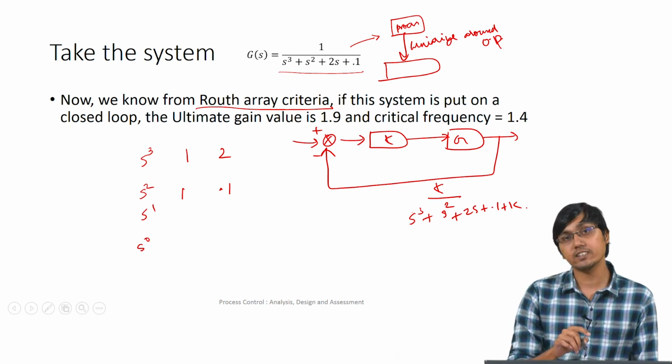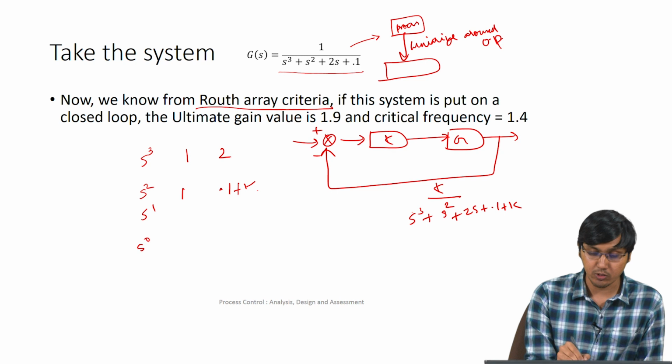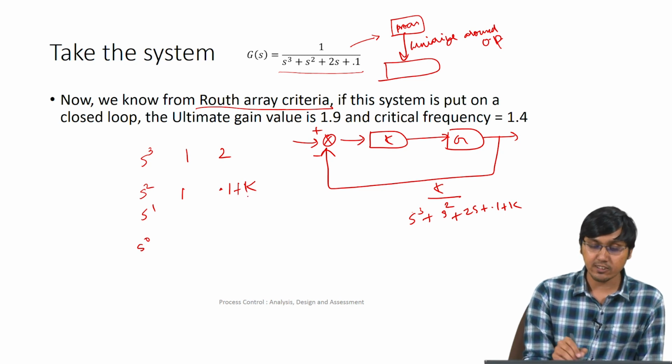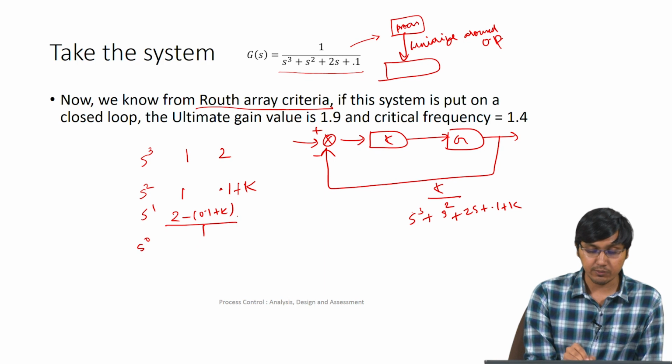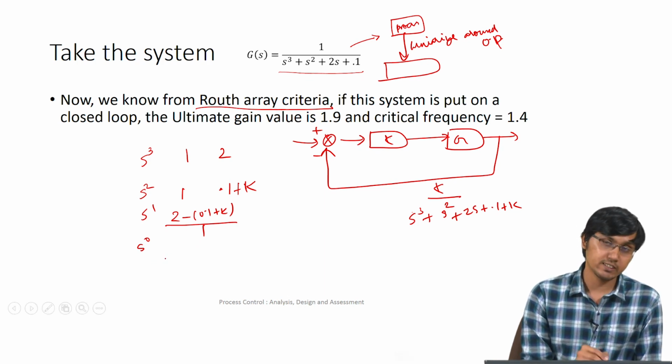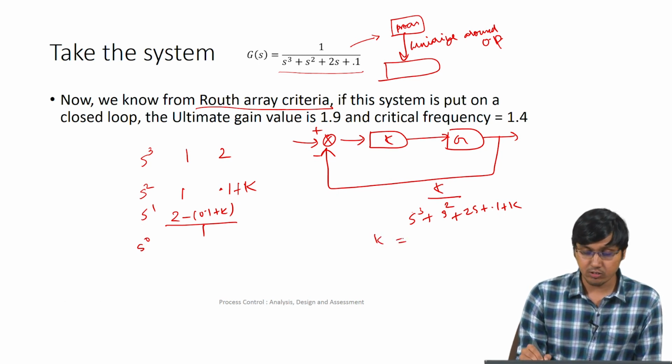That's what we already saw in the previous lecture, but we are writing it down again. We also saw that when this becomes 0, you have 2 minus 0.1 plus k by 1. That is when this will become equal to 0, and if this is positive, it doesn't matter. So we can take k from this: if you equate this to 0, we get k equal to 1.9.